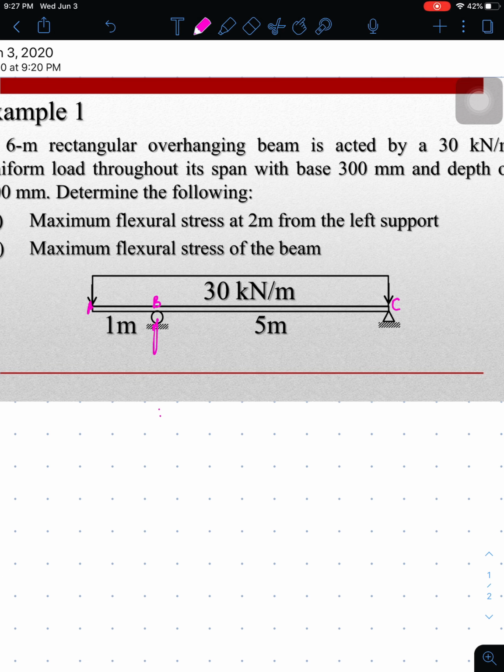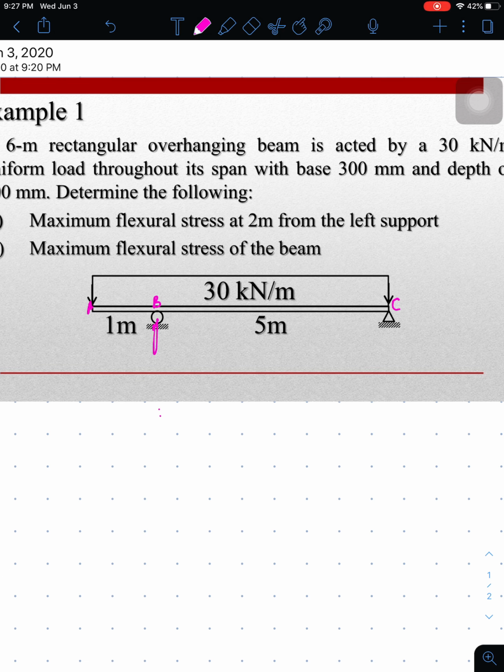Alright, so let's try to solve for the values of the reactions. It's going to be the summation of moments at letter C so that we can solve for R1. R1 will rotate clockwise at point C with a moment arm of 5, minus 180. 180 is located at 1/2 of 6.